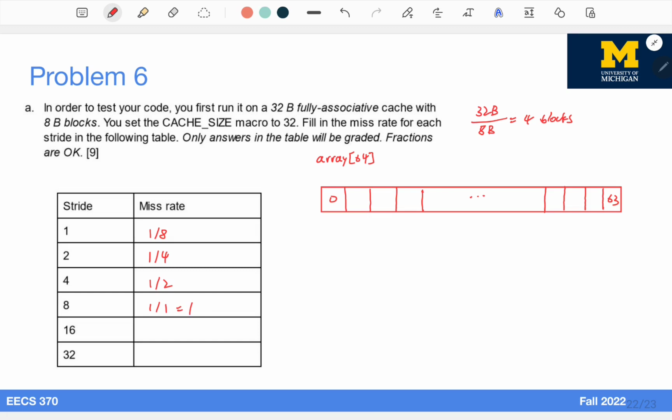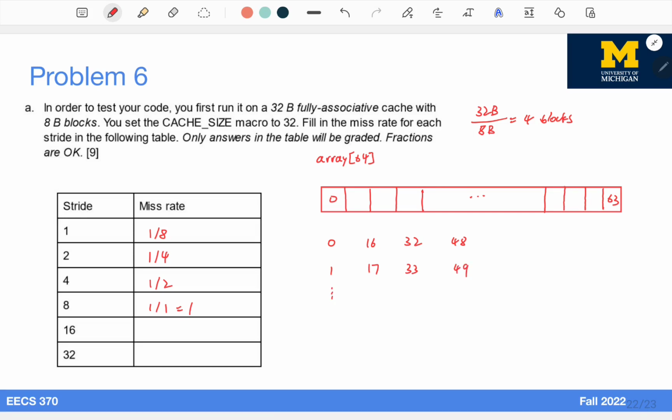Okay, and then things get a little bit different when stride becomes 16. When stride equals 16, we will have 16 different outer loops, but in every inner loop, we will access first 0, 16, 32, 48. And in the second inner loop, we will access 1, 17, 33, and 49.